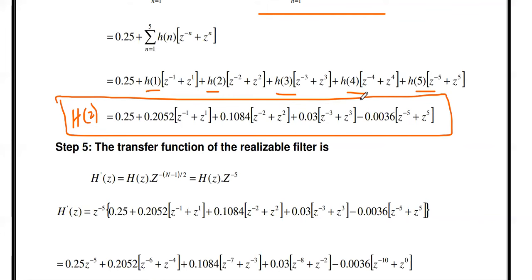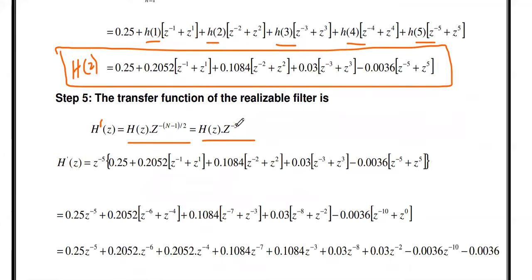So in order to convert this filter into a realizable filter, you multiply the transfer function by z^-(N-1)/2. Here (N-1)/2 is 5, so you multiply H(z) with z^-5 and we get the realizable filter. So H'(z) is equal to z^-5 multiplied with the transfer function H(z).